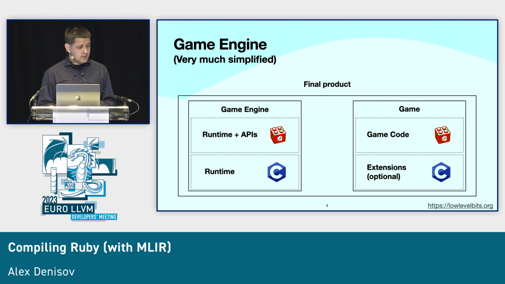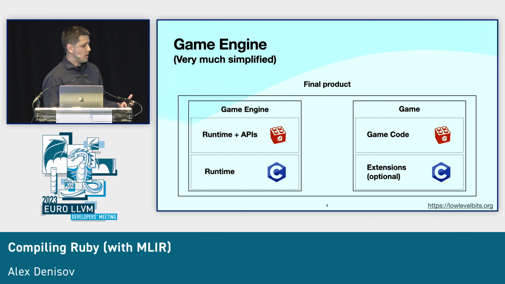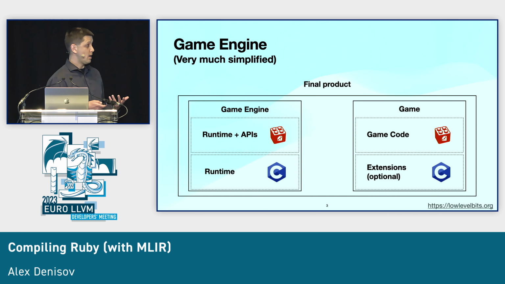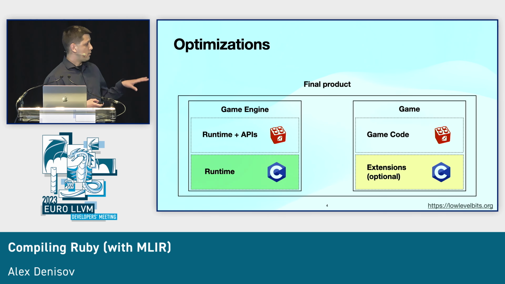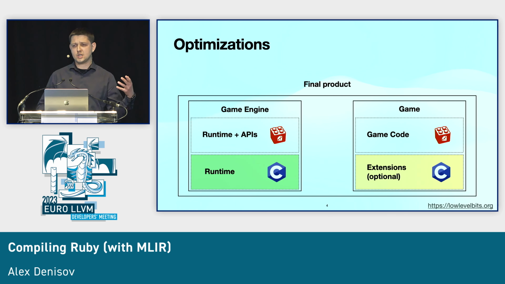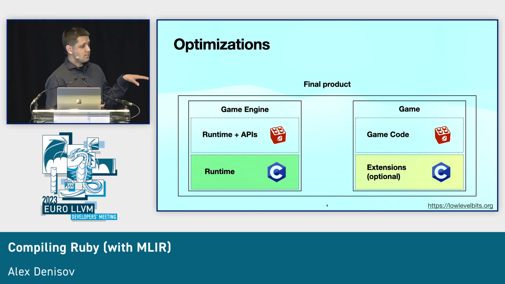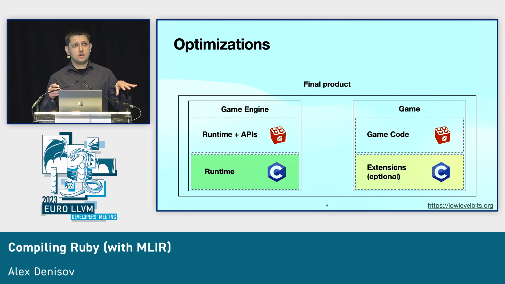When I was working on this C extension stuff, I started thinking, okay, if we're talking about optimizations, then I would actually like to optimize this code somehow. While the runtime we can optimize all together with link time optimization and all those fancy things, the extensions themselves are separate from the engine, right?